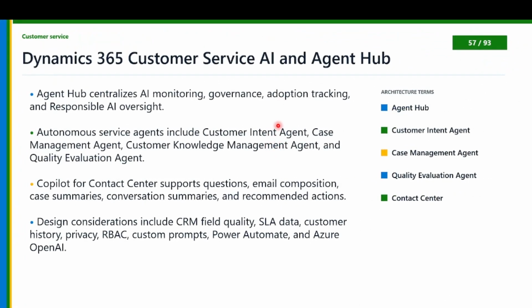All right, on this slide, we have Dynamics 365 Customer Service, AI, and Agent Hub. These are maybe already-made agents that are available in Dynamics 365, or custom agents that you can easily build and deploy in Dynamics 365 Customer Service, AI, and Agent Hub. So the architecture term you should understand here is Agent Hub.